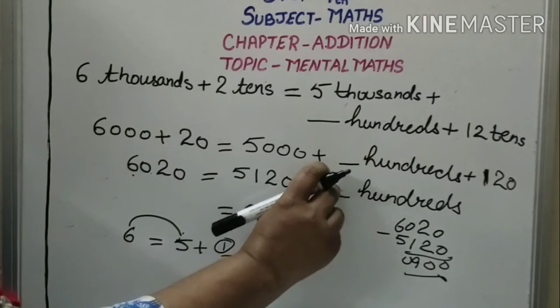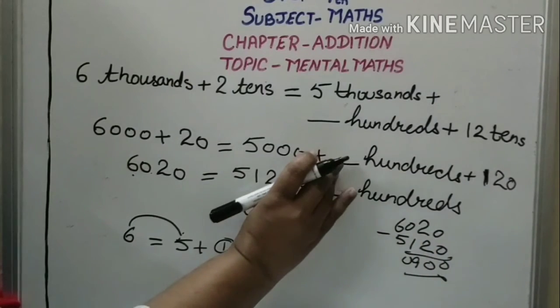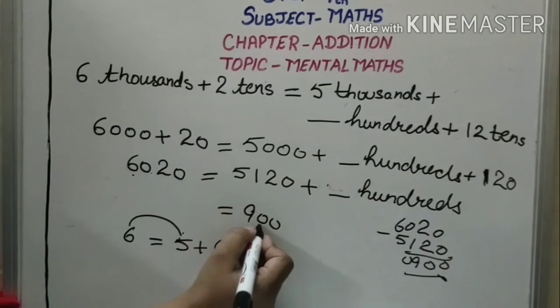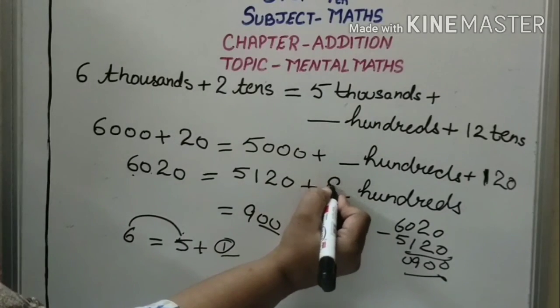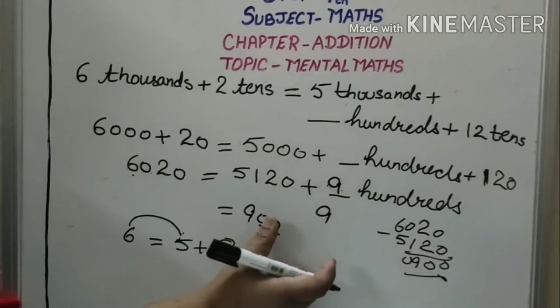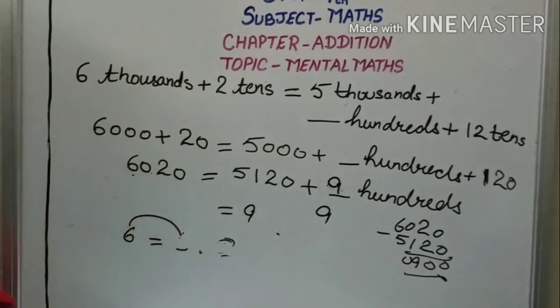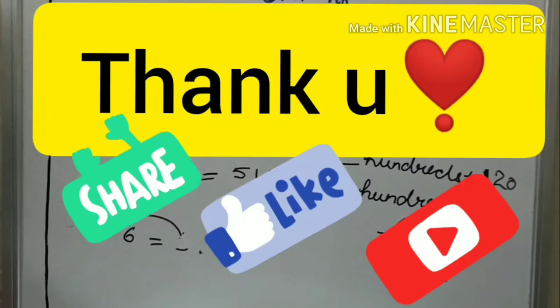Because children, they have given hundreds. So we have to write how many hundreds? How many hundreds are there? 9. So exact answer is children 9, not 900. If you will write 900, it will be totally wrong. Okay children, now I hope it is clear to you.